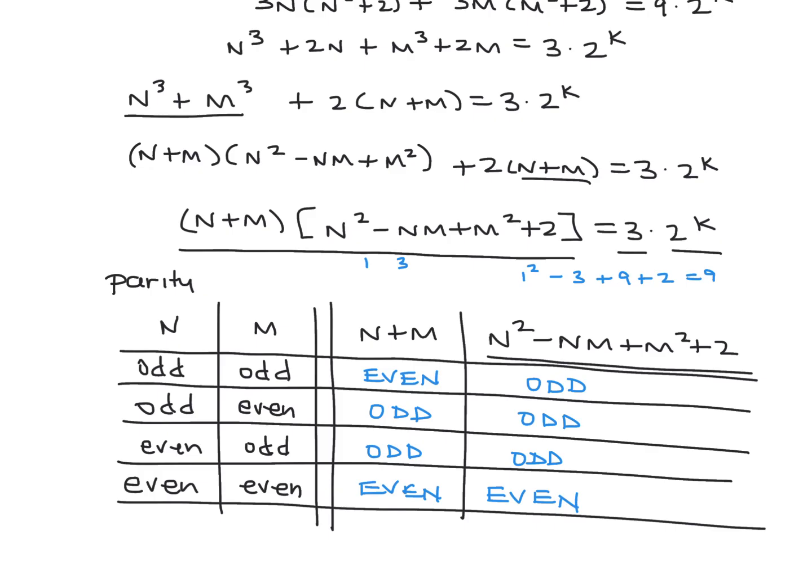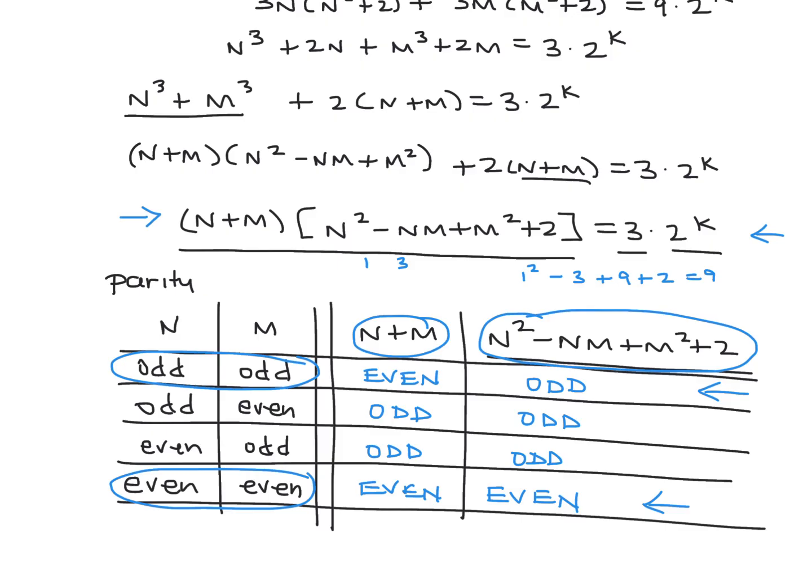Alright, so now we have a conclusion that the only way that this expression can be even, because of that 2 to the power of k, is if at least one of these two guys is even. And that seems to be this scenario and this scenario. So these are the two scenarios for the parity of n and m. Either n and m are both odd, or n and m are both even.